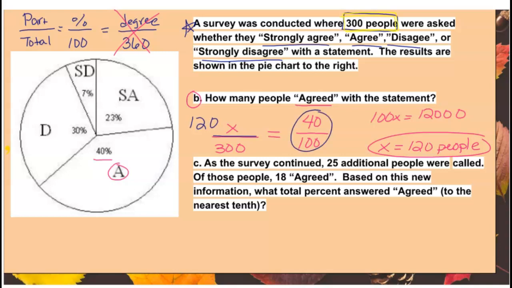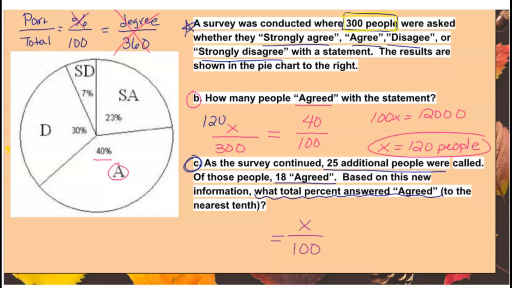So that seems correct. Now we're going to change things up a bit for letter C. It says, as the survey continues, 25 additional people were called, and of those people, 18 agreed. Based on this new information, what total percent answered agreed? So this time we're looking for percent. And the totals change. Now 25 additional people were called, so we're going to add that to the 300. And 18 additional people agreed, so we're going to add that to the 120.